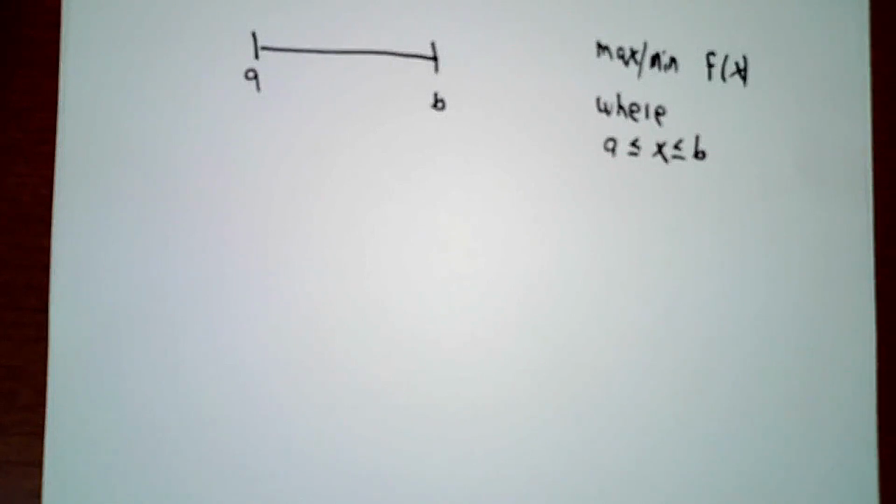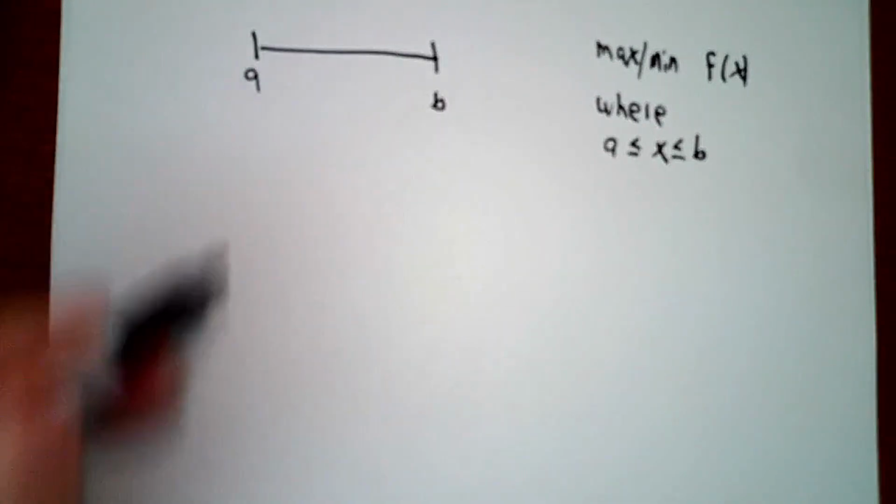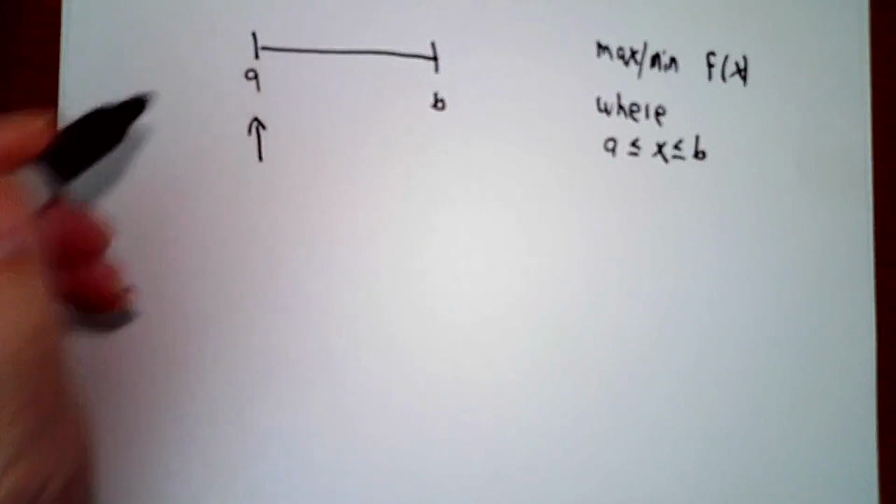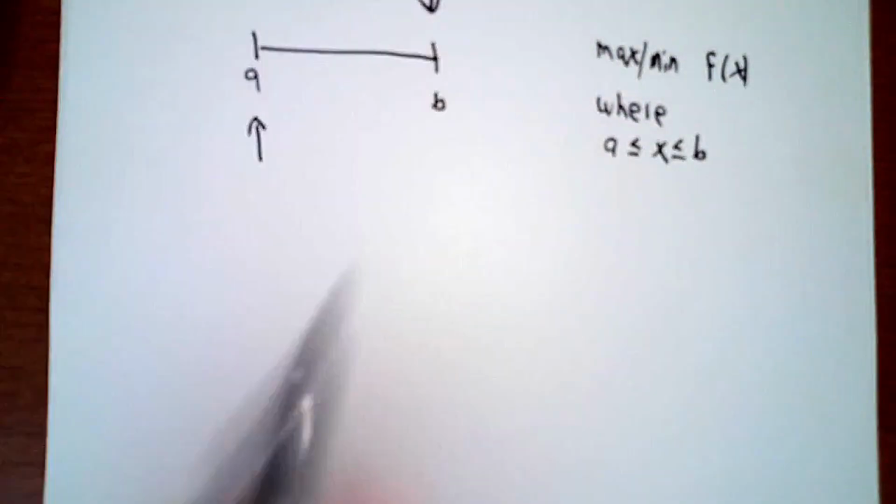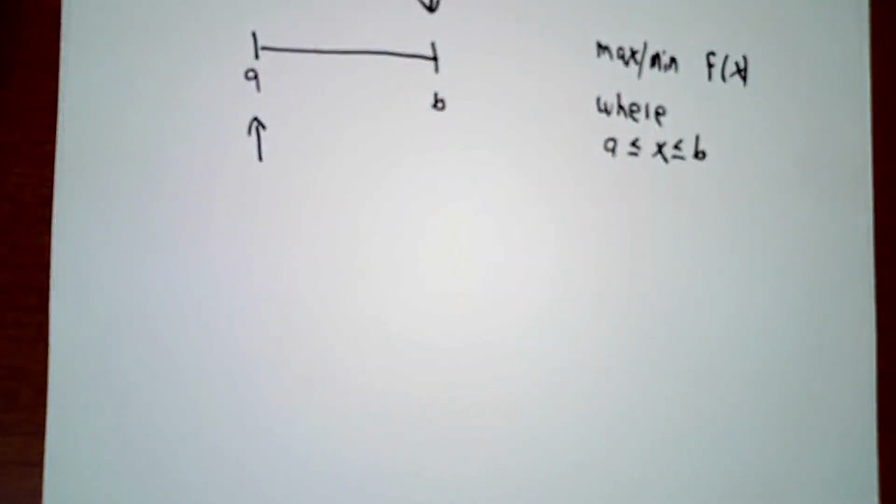In the first semester, we saw that you could have absolute maximums and minimums at the endpoints. So the function values there are candidates for biggest and smallest overall function value.